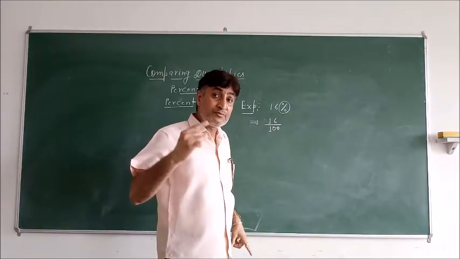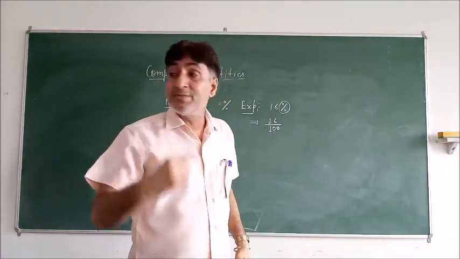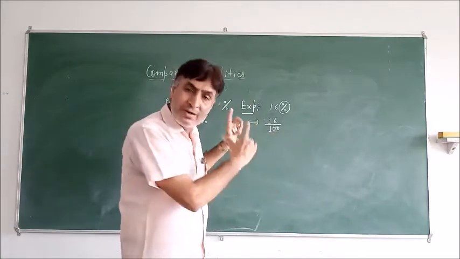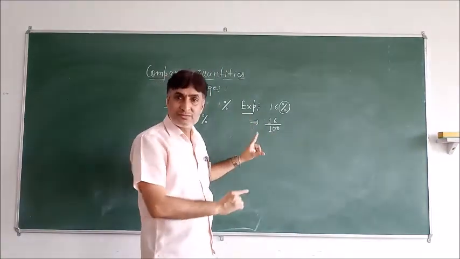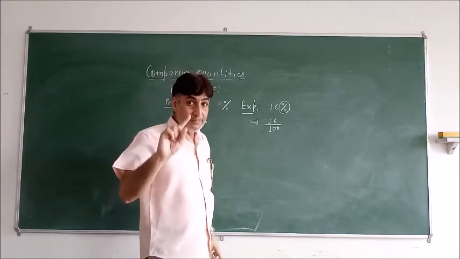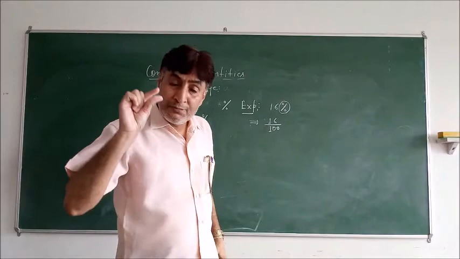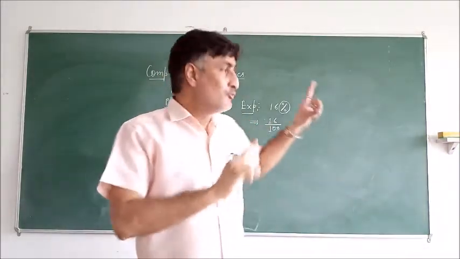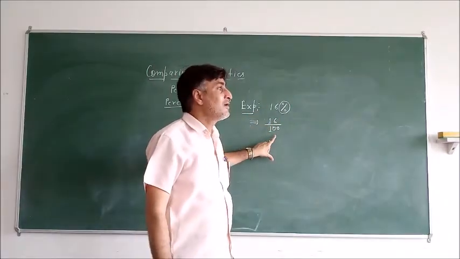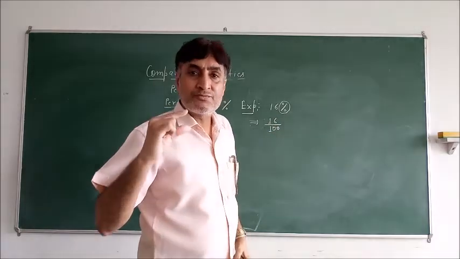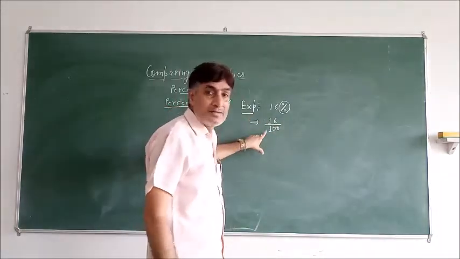If the HCF of numerator and denominator is 1, then the number is already written in its simplest form. And if the HCF of these two numbers is other than 1, then we have to divide the numerator and denominator by the HCF, and we get the simplest form of the fraction.